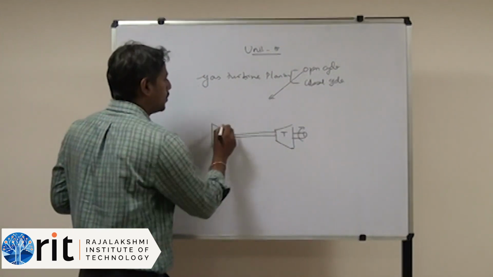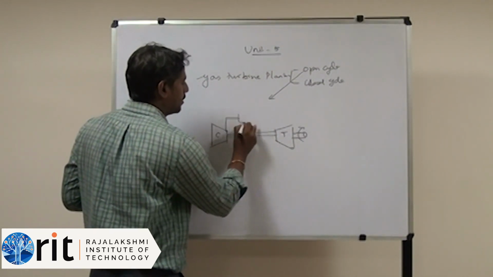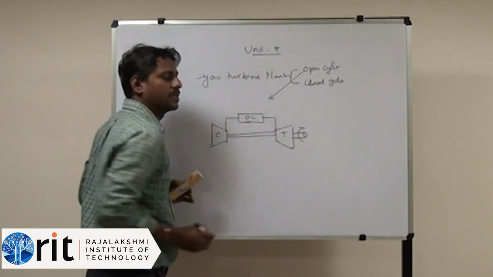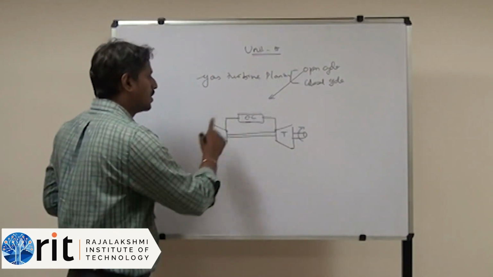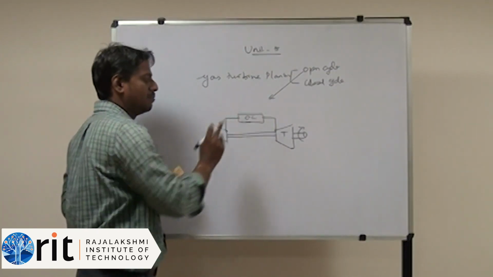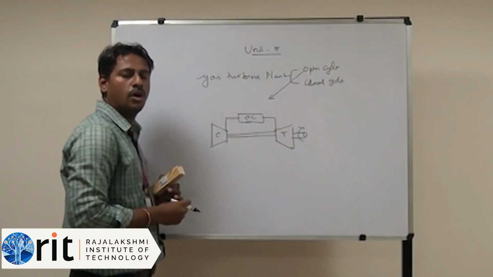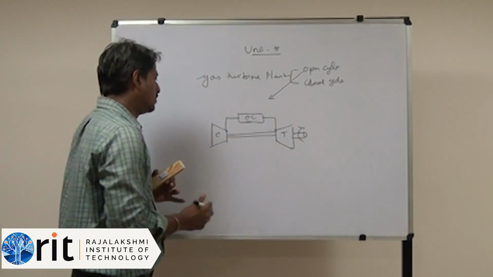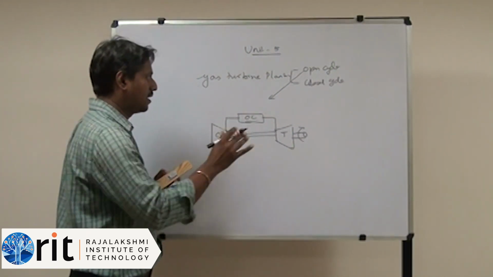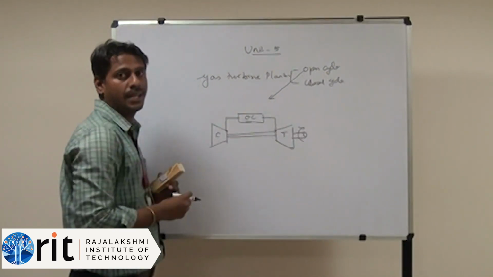Another important component is the combustion chamber. So these are the major components: the air compressor, the combustion chamber, and the turbine. These are the components of the open cycle gas turbine power plant.